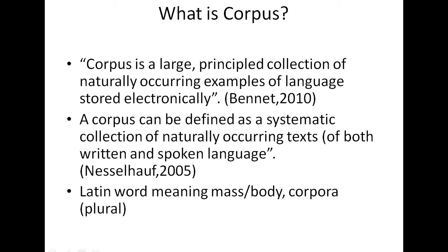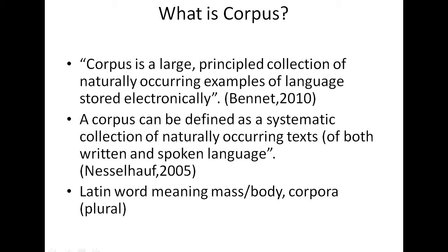Then, principled collection of naturally occurring examples. Principled collection means we collect the examples of language according to some rule, by following some principle. It is not a haphazard, miscellaneous collection of language, but it follows some rule, and it is stored electronically.